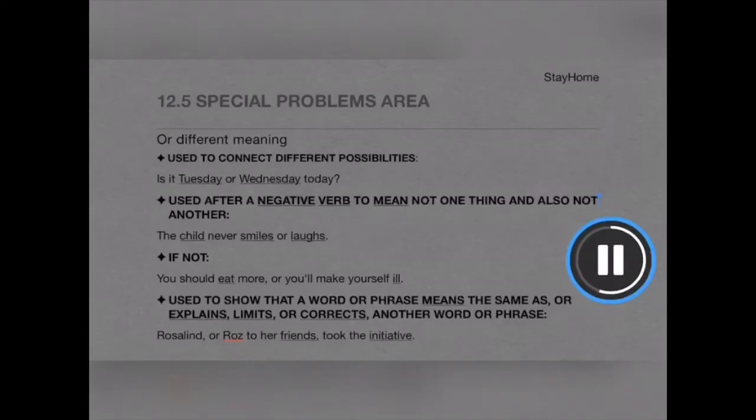For example, you should eat more or you'll make yourself ill. And the last one, or is used to show that a word or phrase means the same as, or explains, limits or corrects another word or phrase. For example, Roslyn, or Rose to her friends, took the initiative.